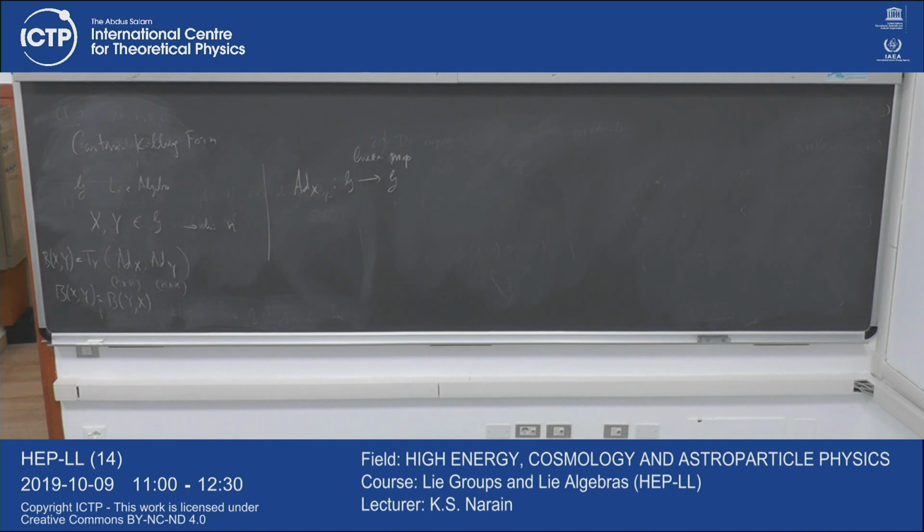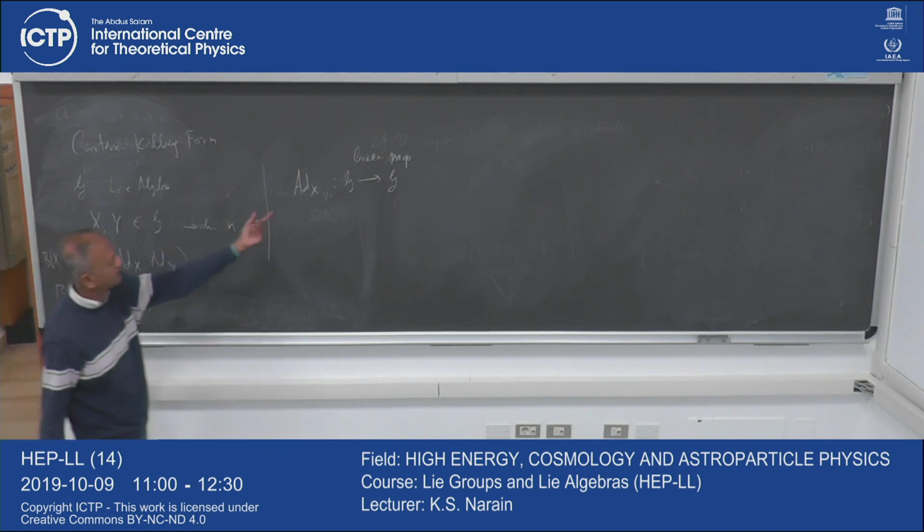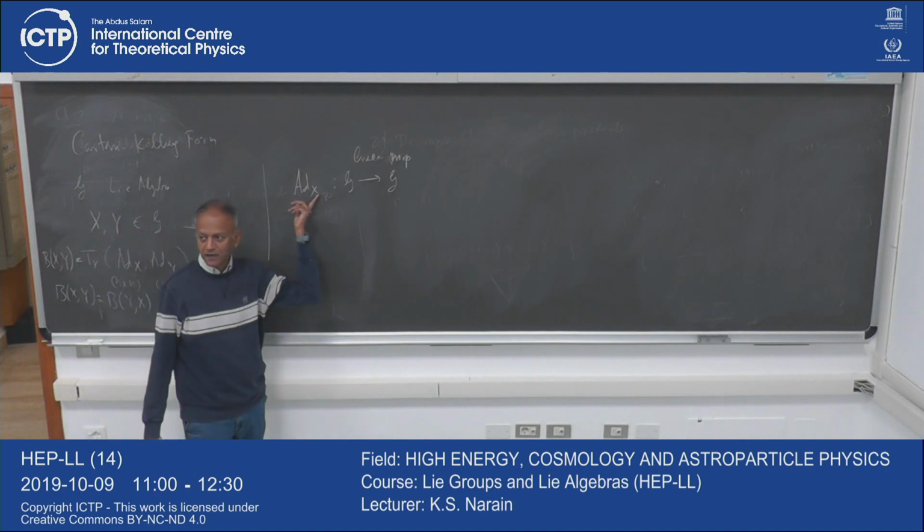This is the definition of the metric, the Cartan-Killing form. Now we can very explicitly write this quantity in terms of the structure constants of the Lie algebra. That is clear because after all, these adjoint matrices themselves can be written in terms of structure constants.